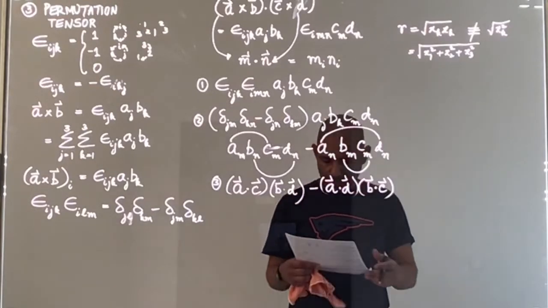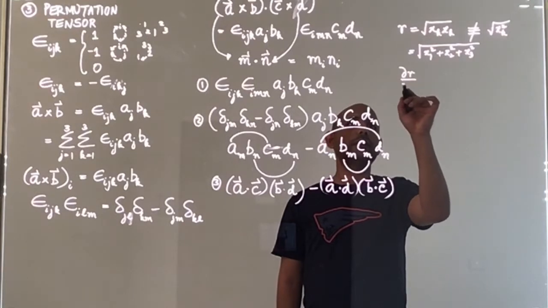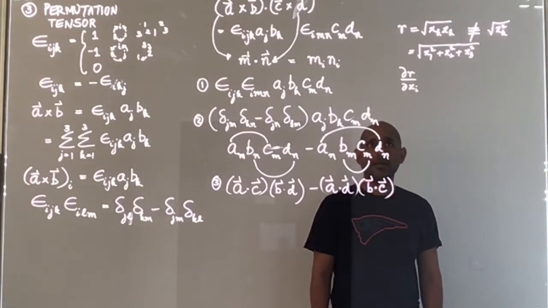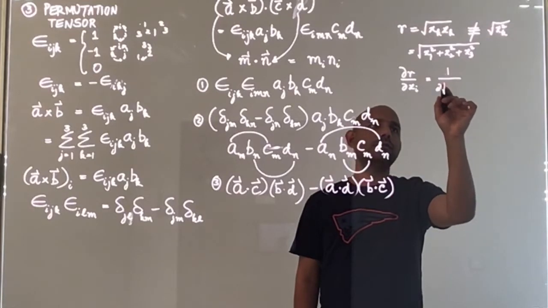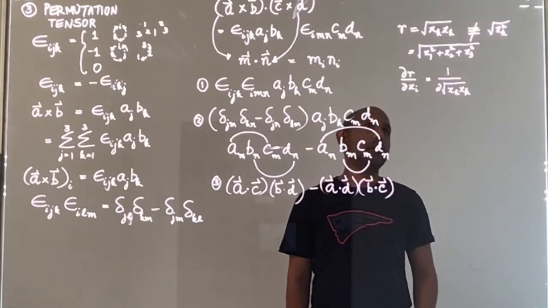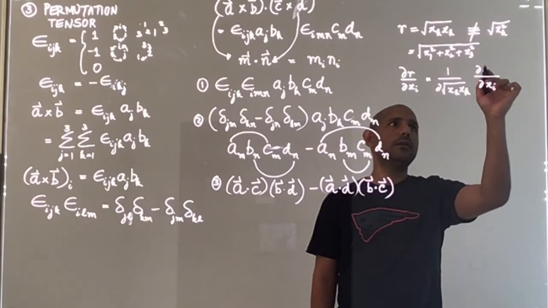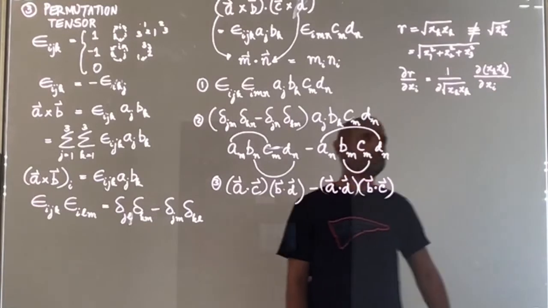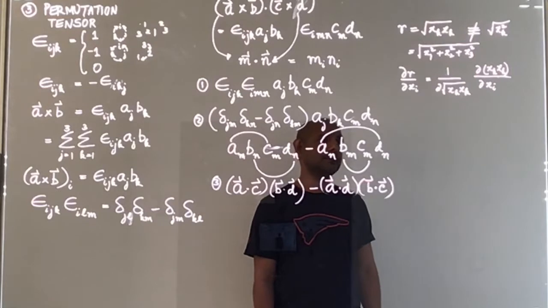Okay, so the question here is, what is the derivative of r with respect to xi? Derivative of square root of something is 1 over 2 square root of that. And now what is remaining is the derivative of xk xk. This is where the subtlety of index notation comes into play.